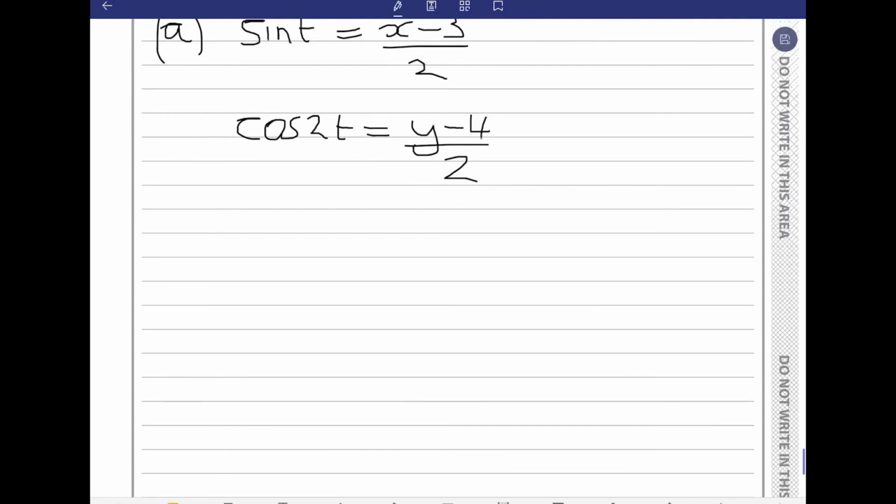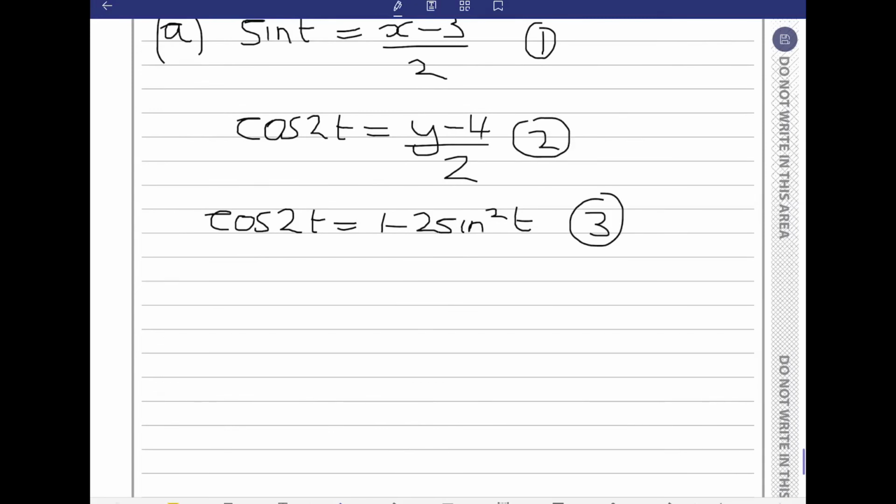Now we use the formula for cos 2t, which says cos 2t equals 1 minus 2 sin squared t. We already have a formula for sin t, so we can use this. Call these equations 1, 2 and 3.